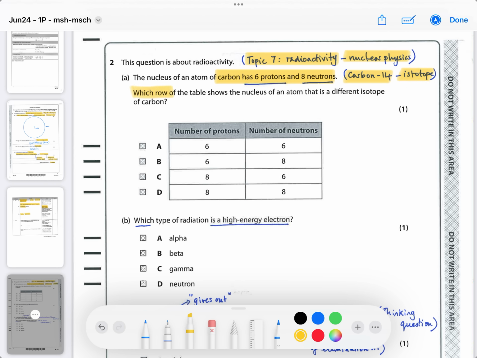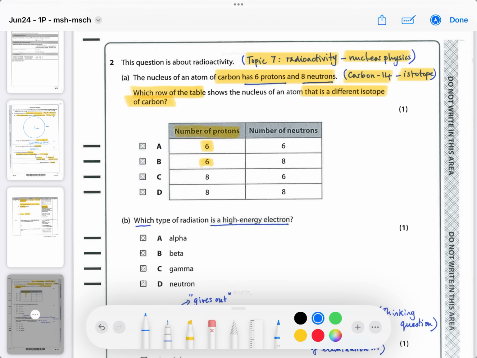Which row of the table shows the nucleus of an atom that is a different isotope of carbon? To be carbon, the number of protons must stay the same, so it's got to be 6, but the number of neutrons must be different, so it can't be 8, because 8 is for carbon-14, and they want a different isotope.